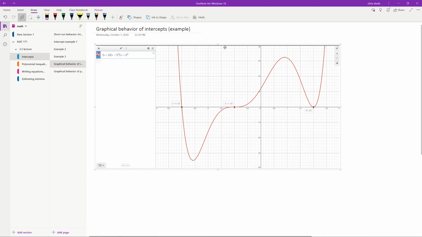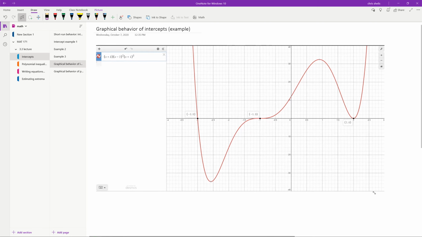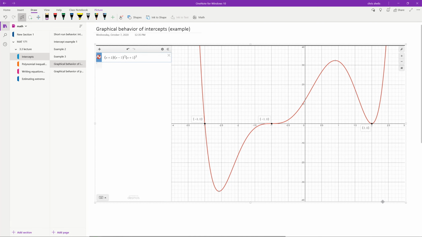Let's look at the graphical behavior of intercepts. Here I have a function graphed for us. I will make this a little larger. Here you can see I have the function x plus 3 times x minus 2 quantity squared times x plus 1 quantity cubed graphed.